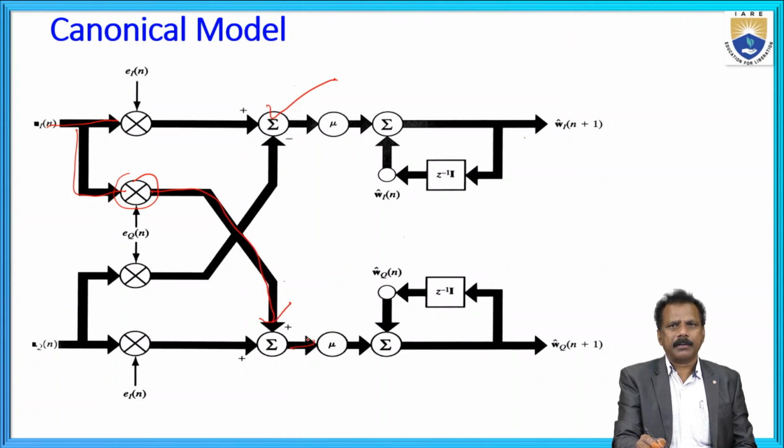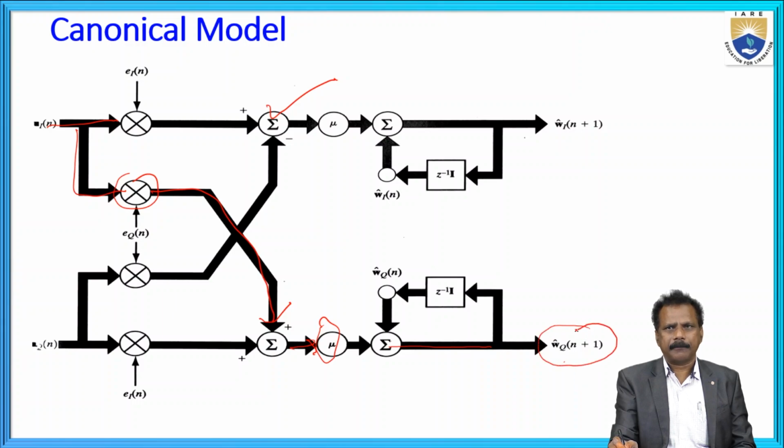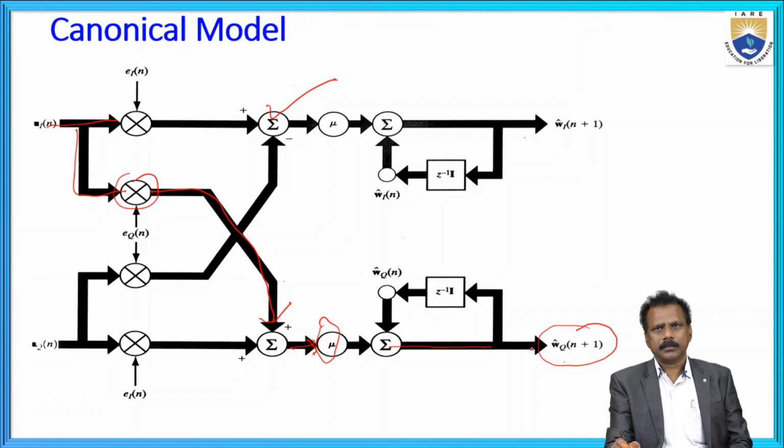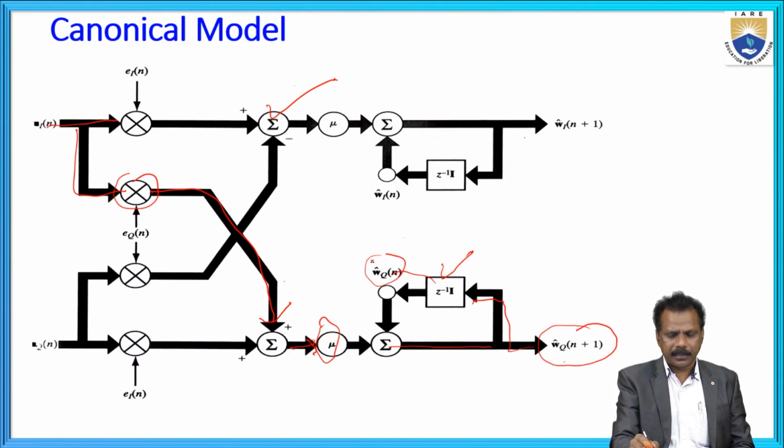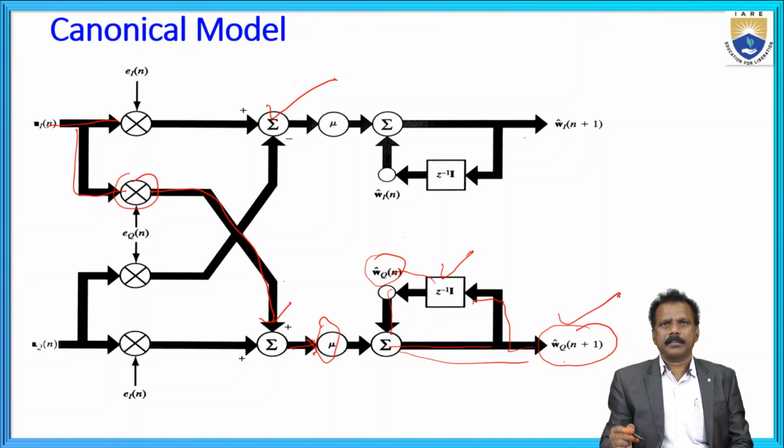After that we try to verify this mu value and the summation, finally w cap of Q of n plus 1. So this is given to that z power minus 1 I. After that we'll try to verify that this value which is given to this one, and finally try to verify this one and so on.